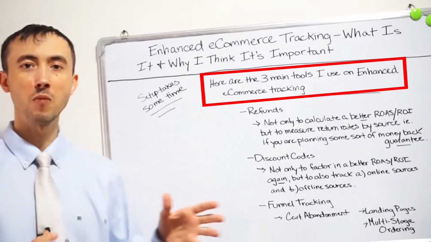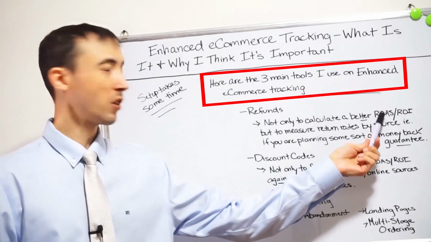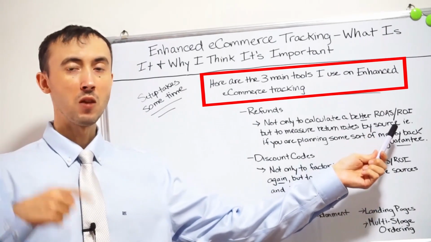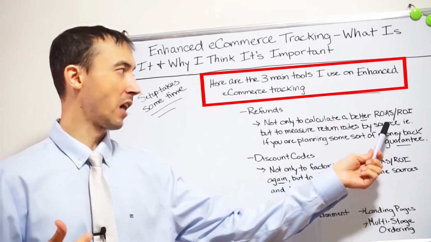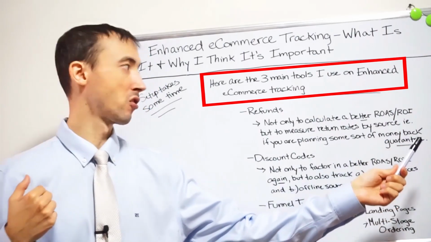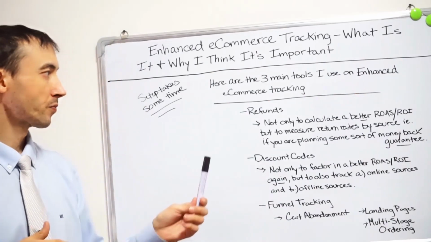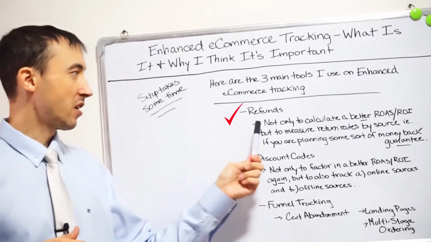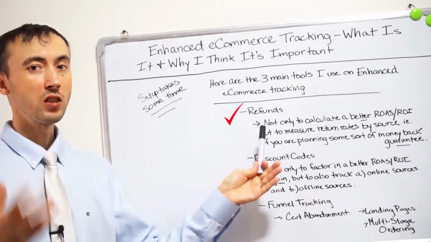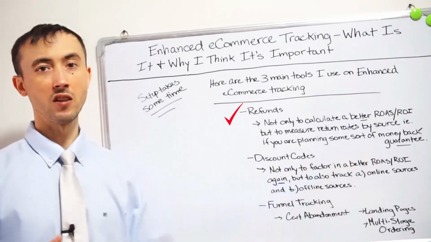It does tell you about the refunds, so you can see your true ROAS, return on ad spend, which is revenue divided by your ad spend. I'm a PPC guy, and that's what I specialize in, or just return on investment is another way to put it. So you can see your return like that, but you can also measure return rates by source.